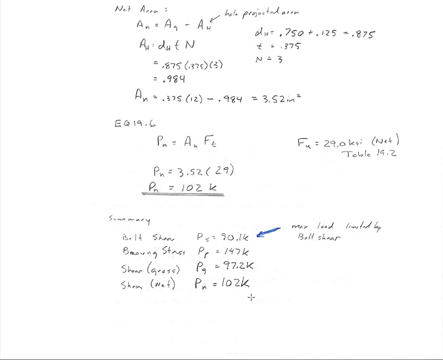So now that we have all 4 of them, we know that our maximum load is based on the bolt shear, and the maximum load is going to be this 90.1K. Okay, I'm going to end this one right here. Thank you.